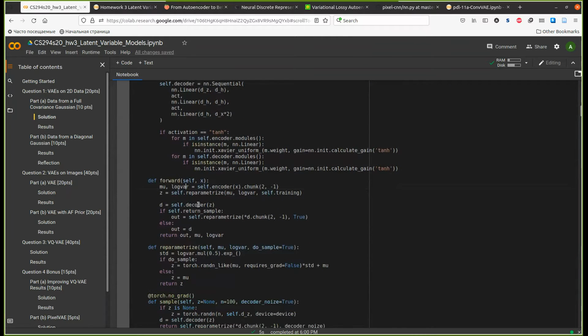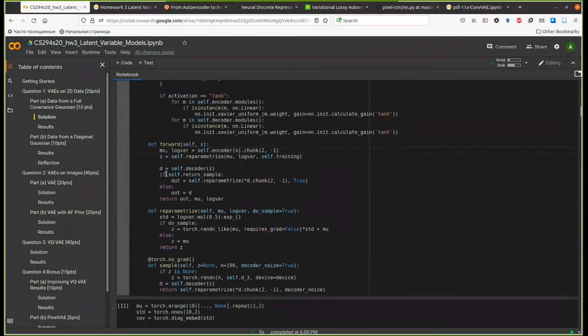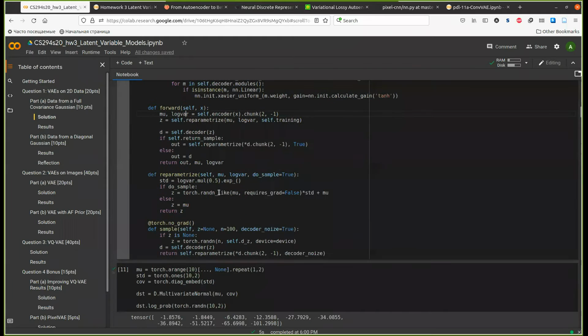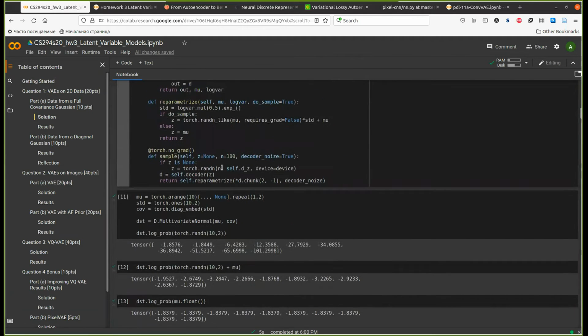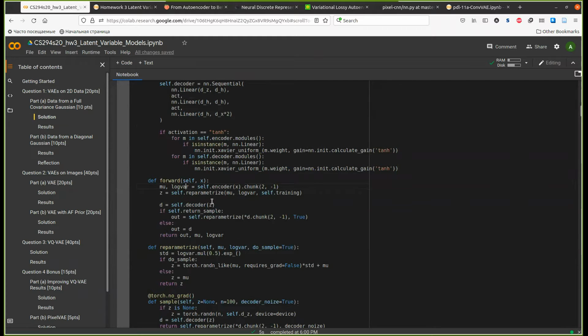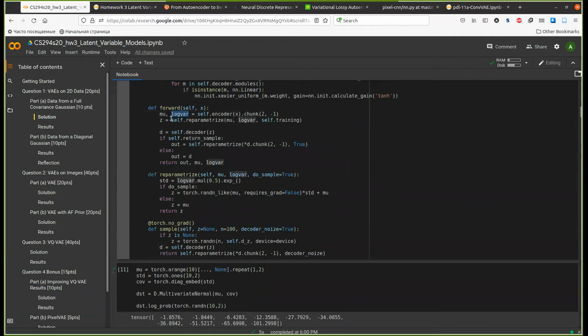Obviously there are other possible ways. For example, you could output some variable and then, instead of an exponential, apply softplus or any function that has only positive outputs. But this way is very convenient for us, and you will see, because we need this value for the loss computation as well.